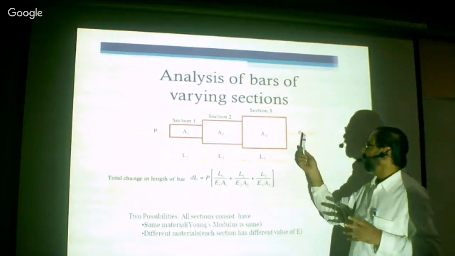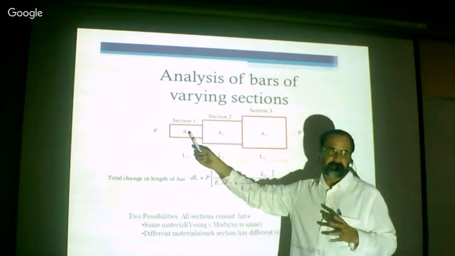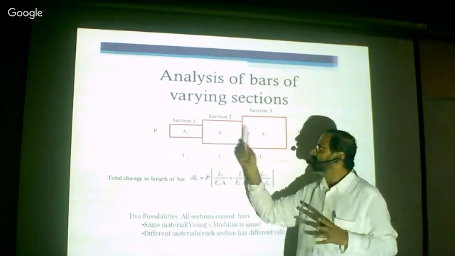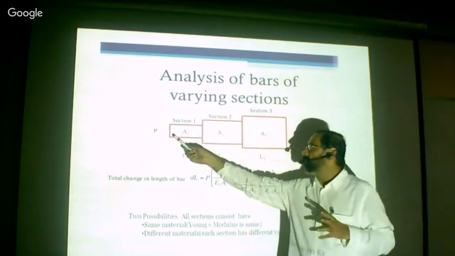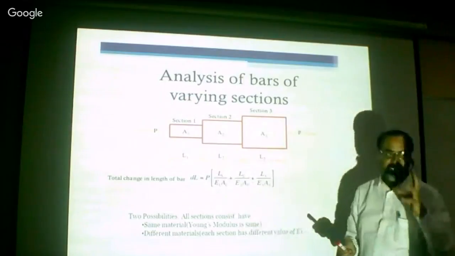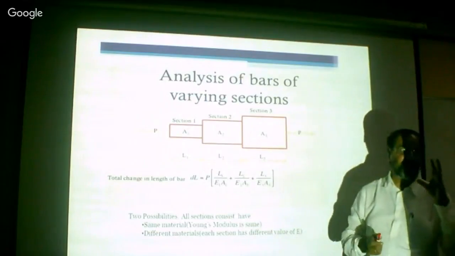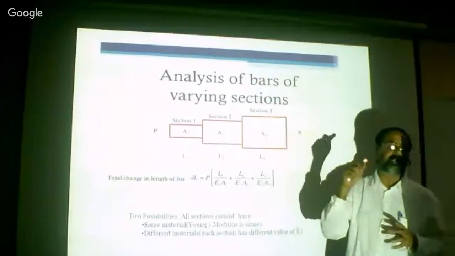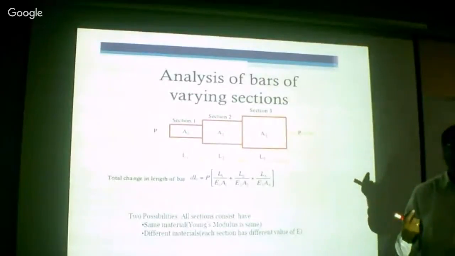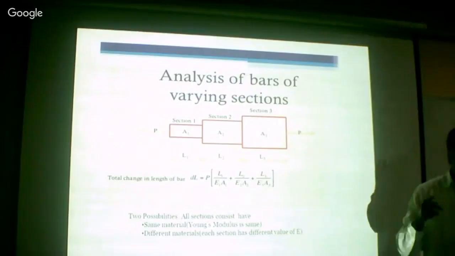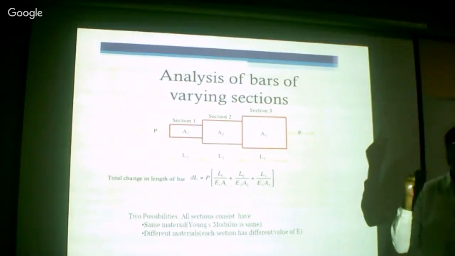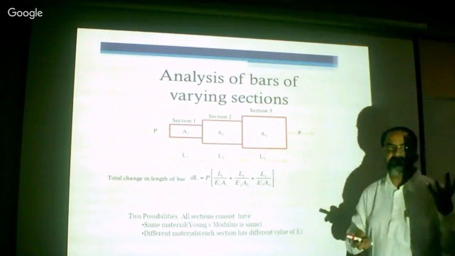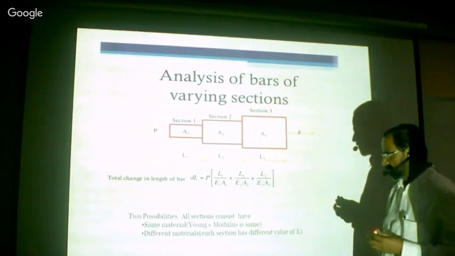The load applied is common for all 3 sections, the combined section. The load applied is P. We know that when the load is applied, delta L is equal to PL divided by AE, as we discussed in the previous class.